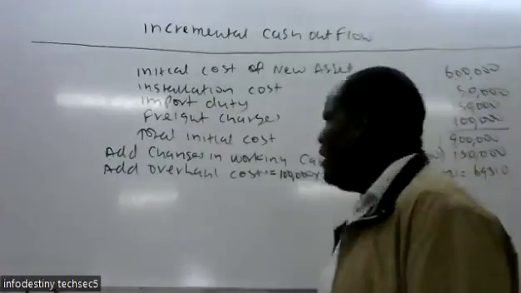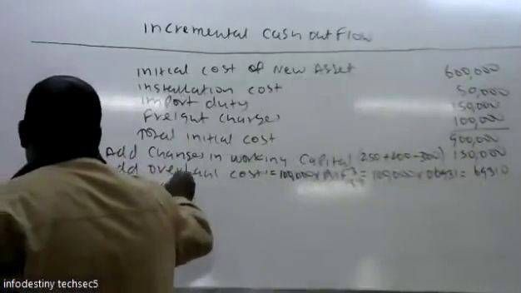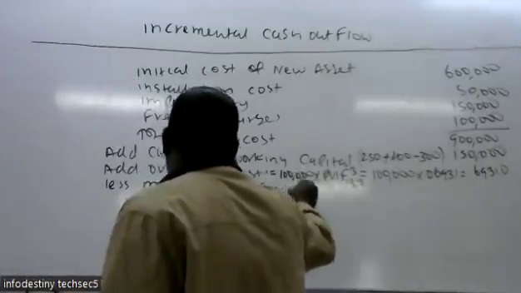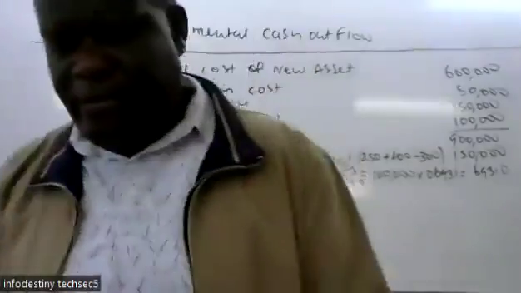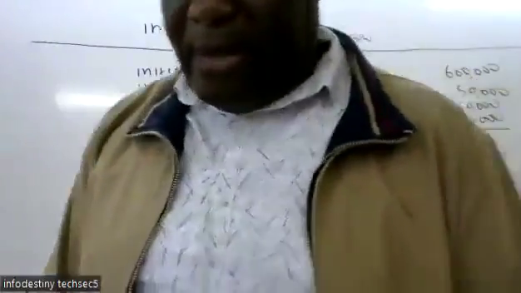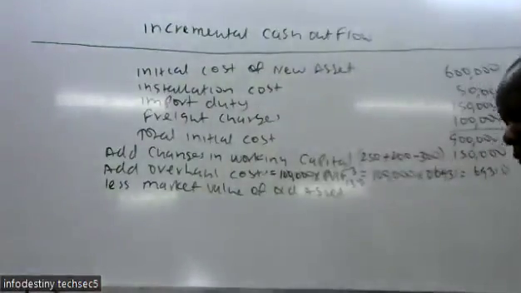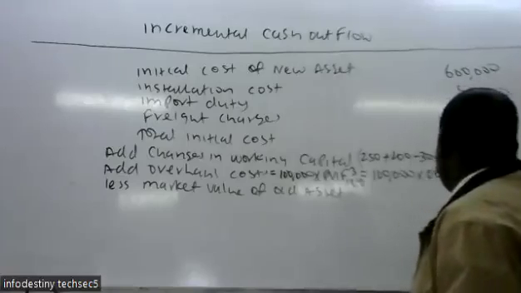Then we are supposed to less the market value of the old asset. When you check through the question, you are given something brief concerning the current disposal value of the existing machine, which is supposed to be 200,000.